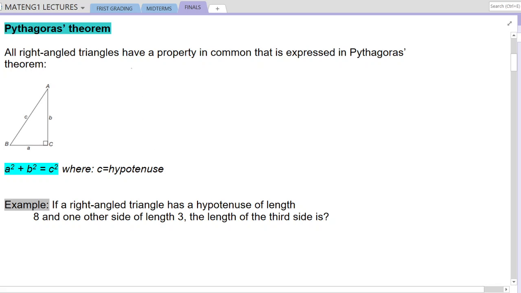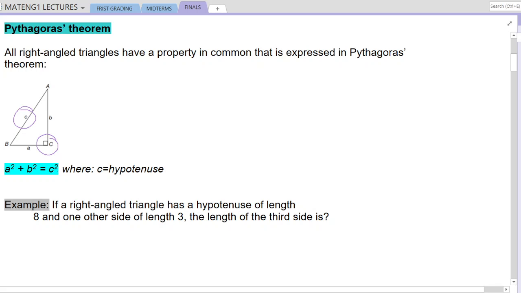If we draw a right triangle, a right triangle includes the 90-degree angle, so that is the angle C. To get the sides of the right angle triangle, a squared plus b squared is equal to c squared, where c is the hypotenuse.